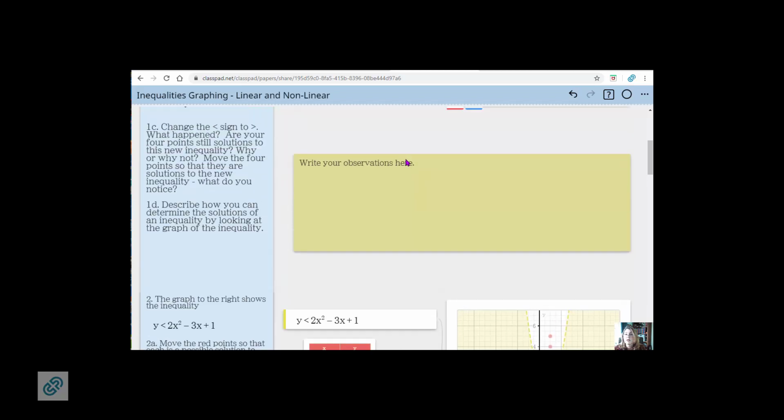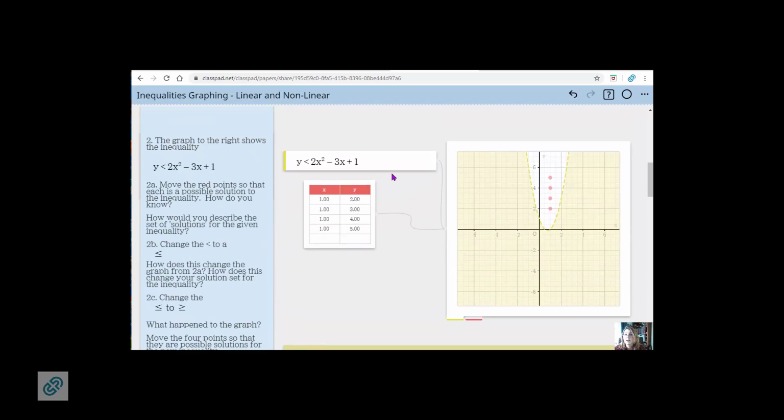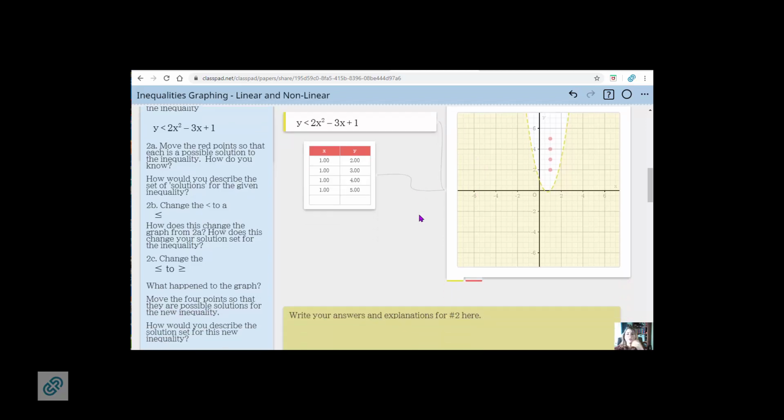Similar to here, maybe they come to the understanding that if it's less than, my solutions lie to the left, or in a parabola or quadratic, underneath. Or what if I had this be a negative? What if I switched it? Where would my solutions lie? There are lots of things they can experiment with to get an understanding of inequalities as quadratics.